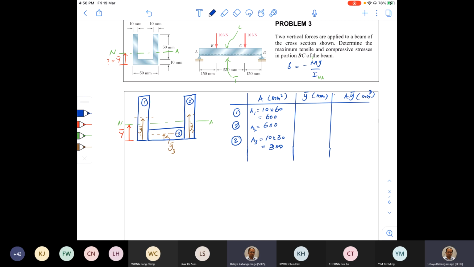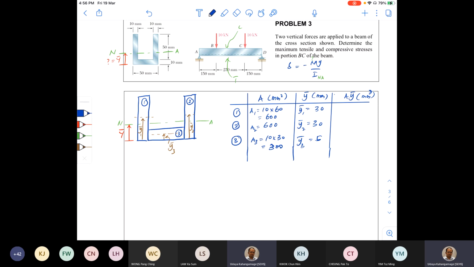And next, Y1 bar. Height divided by 2, height is 60, therefore it is 30. And Y2 bar also 30. And Y3 bar, height is 10 divided by 2, 5 millimeters.